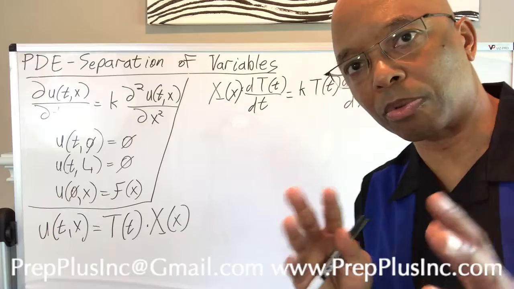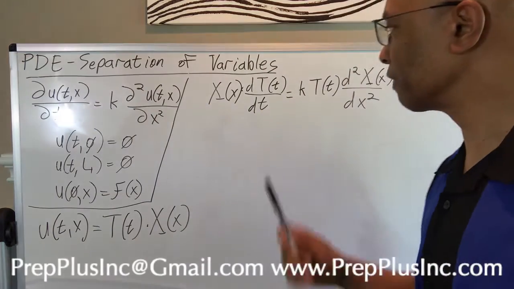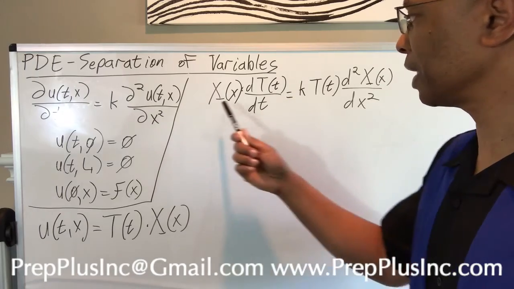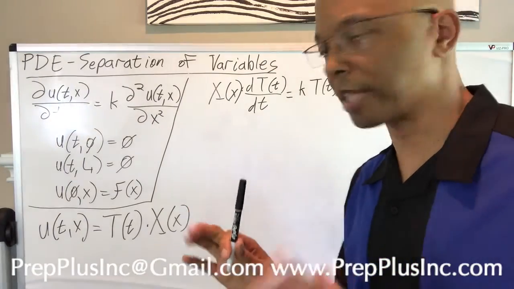Now let's do a simple manipulation. Divide both sides by the product k times capital T times capital X. Nothing fancy.